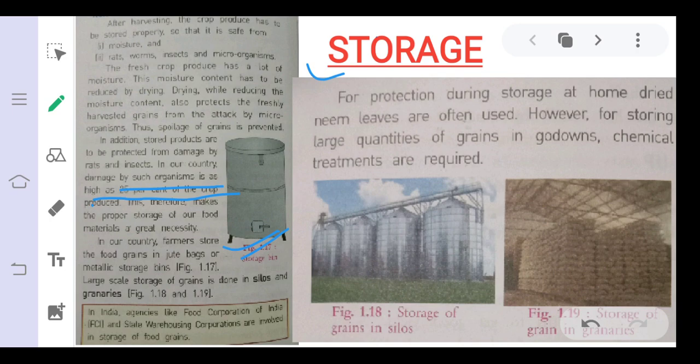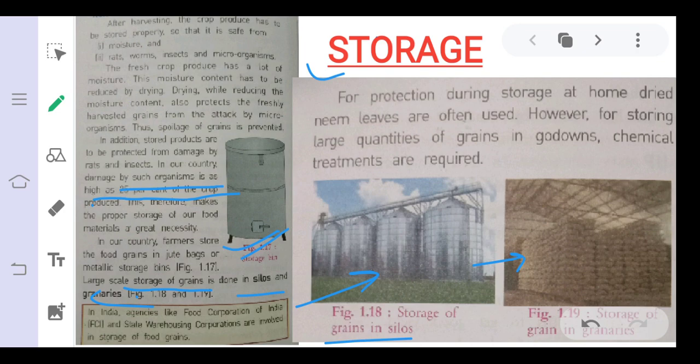To store on a large scale, grain storage is done in silos and granaries. You can see this is the silos. It is a metallic house in which the food is stored. It is called grain silos. And this is the granary or warehouse where the food is stored.